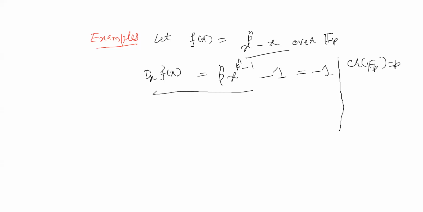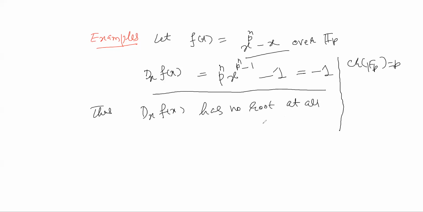So इसका मतलब ये हुआ कि ये जो पॉलिनोमियल इसका डेरिवेटिव है ये तो एक कांस्टेंट पॉलिनोमियल आ गई। इसका मतलब है d/dx f(x) has no root at all. So why to talk of repeated roots of d/dx f(x) and f(x)? Okay, so this means this polynomial f(x) is separable over Fp.